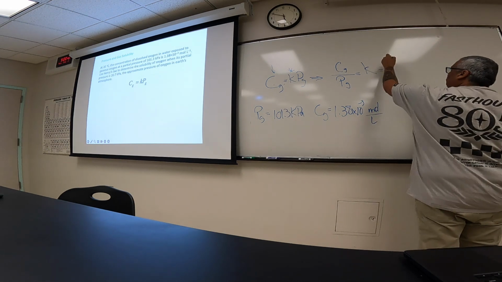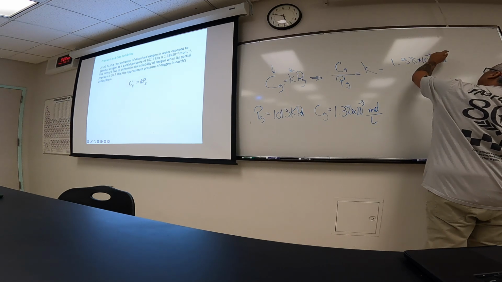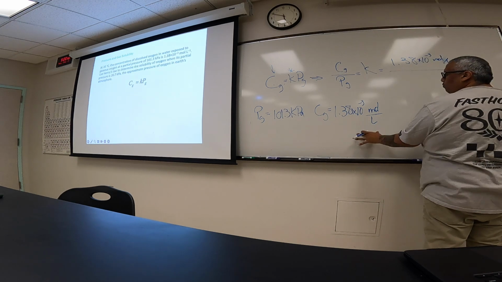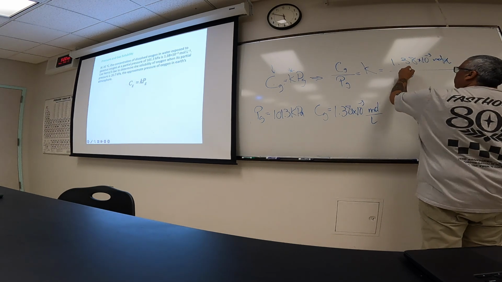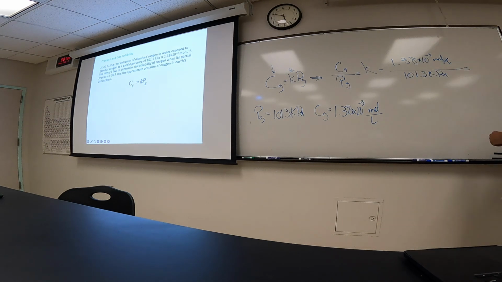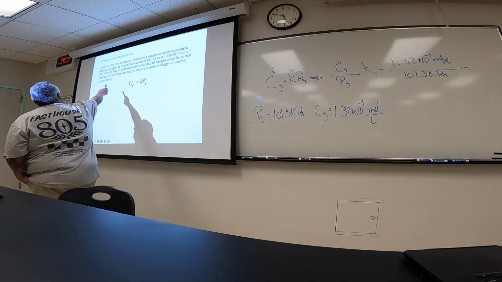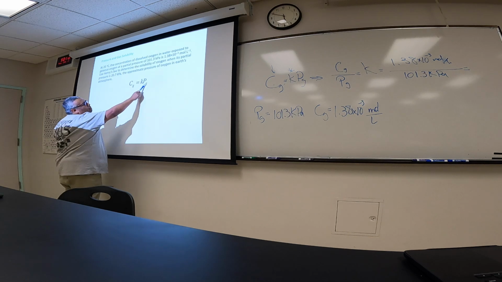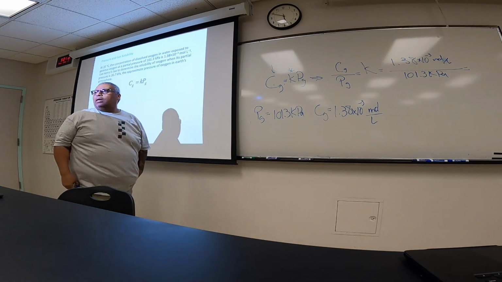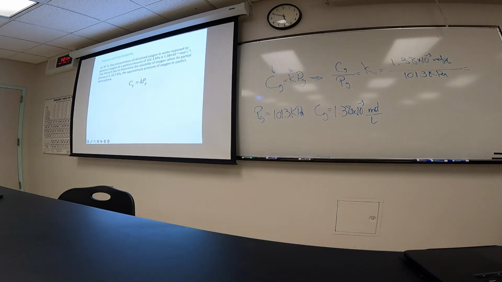Which means that if we take 1.38 times 10 to the minus 3 moles per liter over the pressure, 101.3 kilopascals, this will give us the value of K. So what is K in this case? That's how we're going to answer this. If I have this partial pressure, I can determine what the gas solubility or gas concentration is. So what is K here?